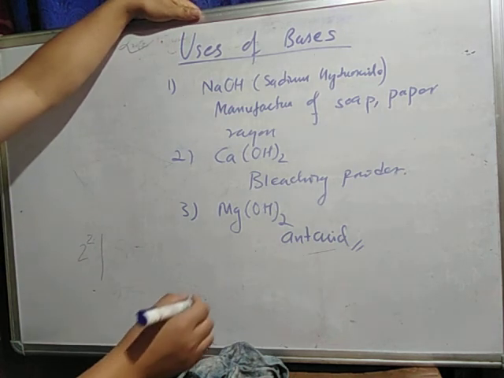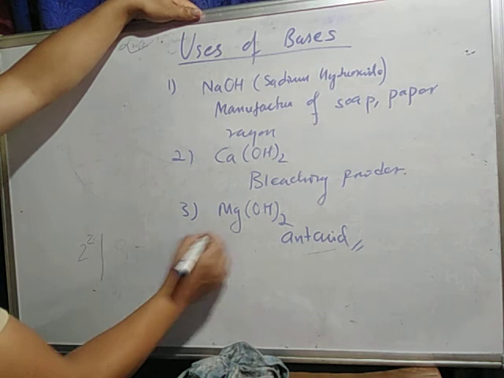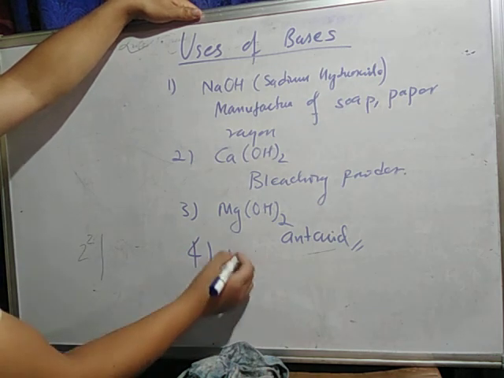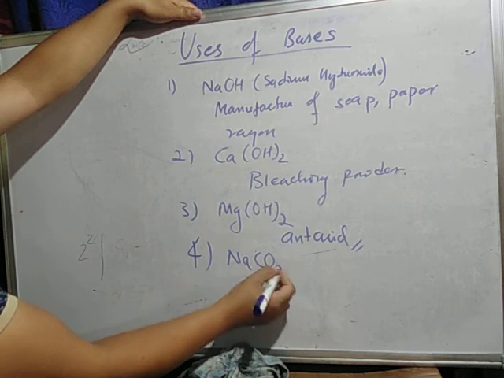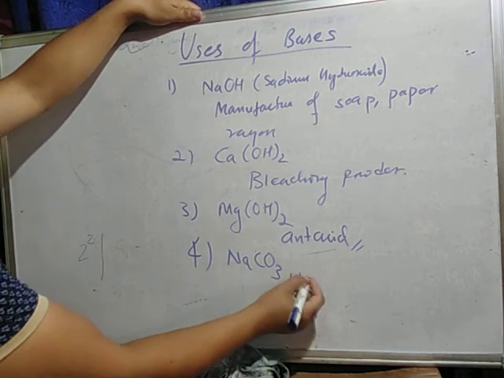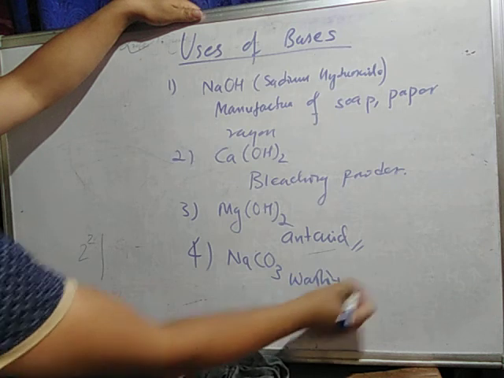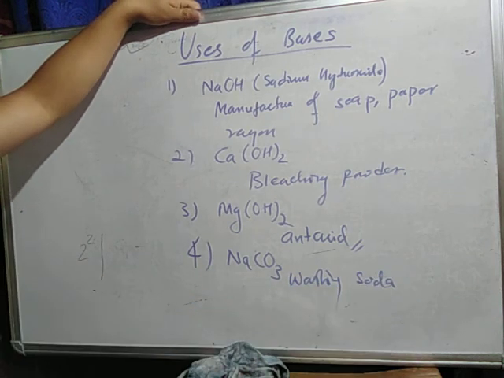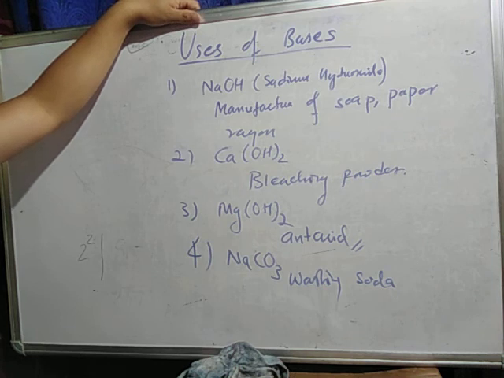So sodium carbonate, you know washing soda, and softening hard water. Sodium carbonate, that is your sodium carbonate, is used in washing soda and softening hard water. Okay, hard water जस्तो मैला पानीलाई सफ्ट बनाउनलाई.